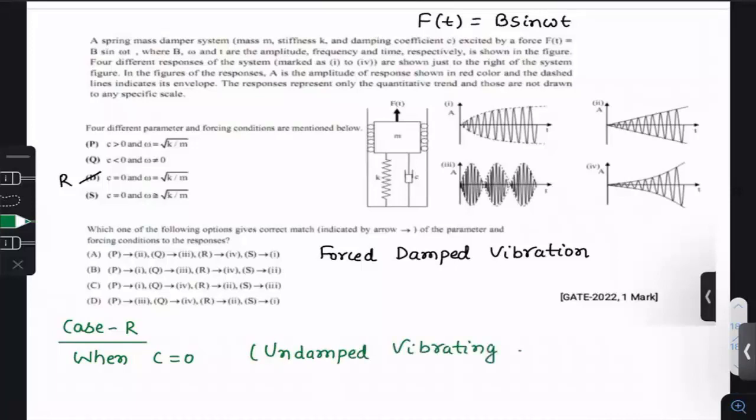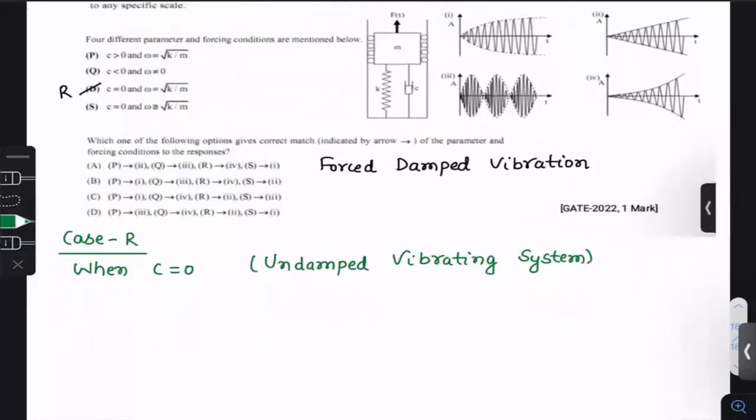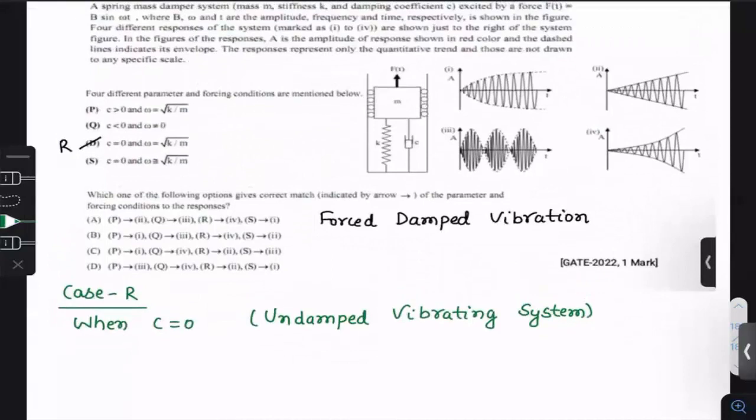Now, my dear, it is an undamped vibrating system, which we know very well. And here some graphs are there, right? So how can we justify which one is the right answer?